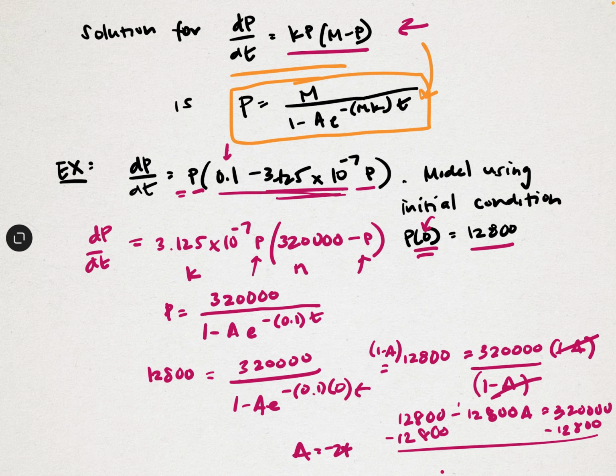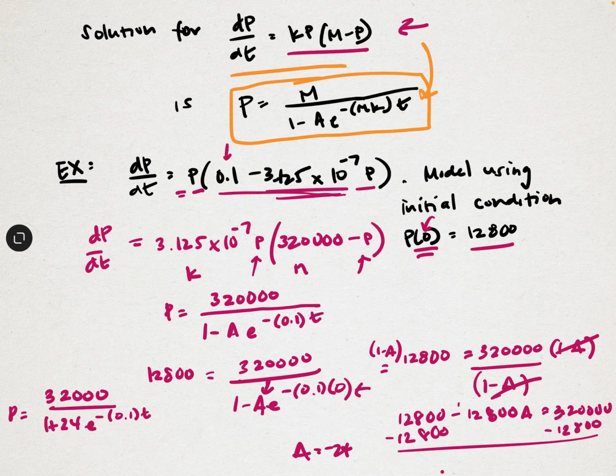And then we just fill in this whole thing. So 320,000 over 1 minus, we know a is negative 24, so plus 24, and then we're going to do e to the negative 0.1 t.